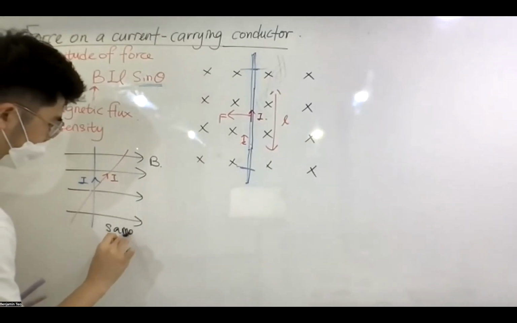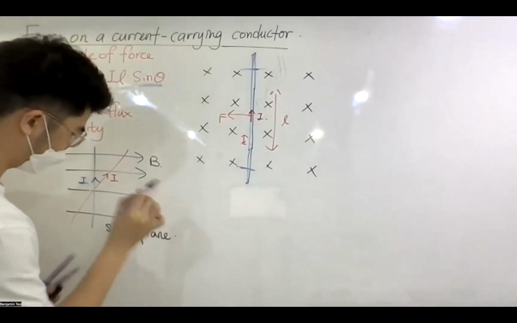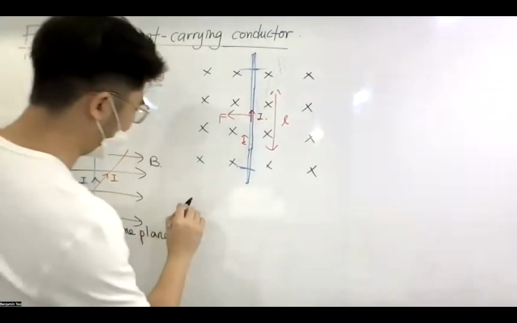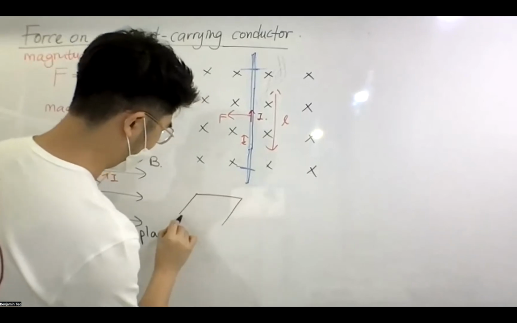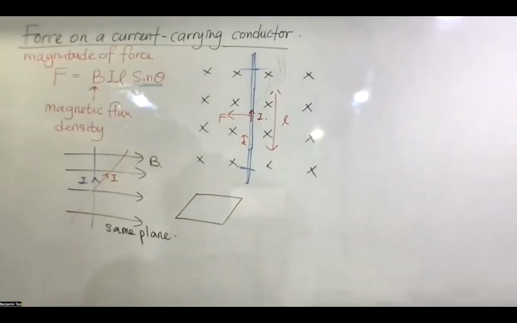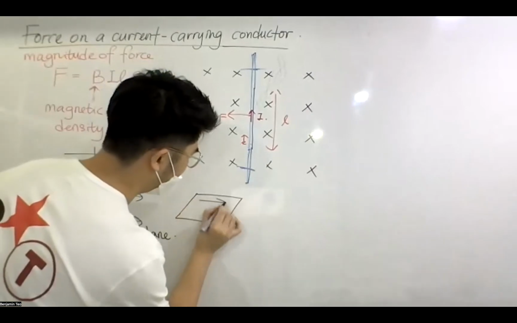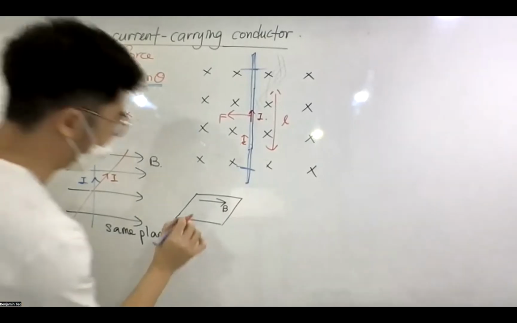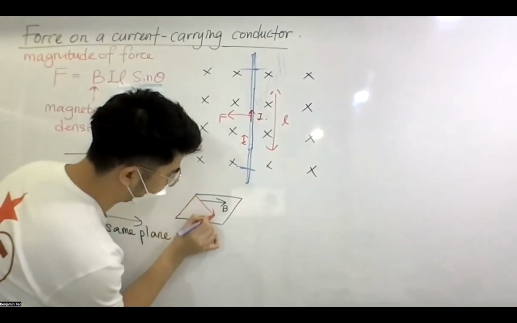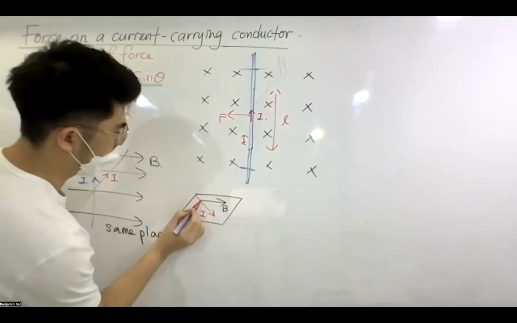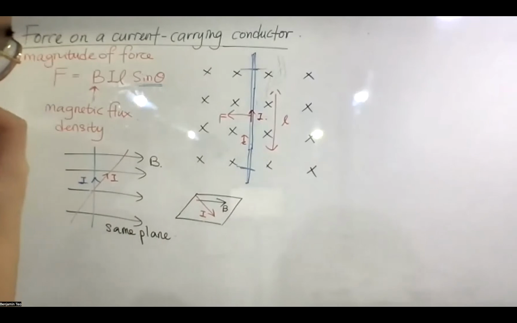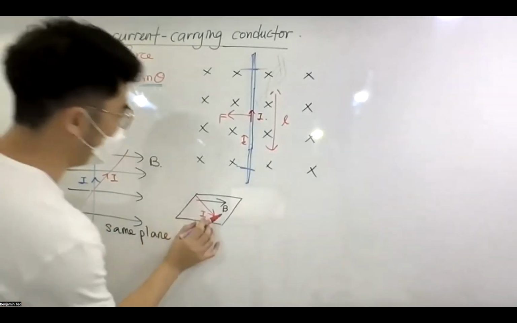Same plane. What does it mean? Here, if I take a piece of paper, this is the magnetic field, B. And then the wire is on the same plane like this, I. They are on the piece of paper.